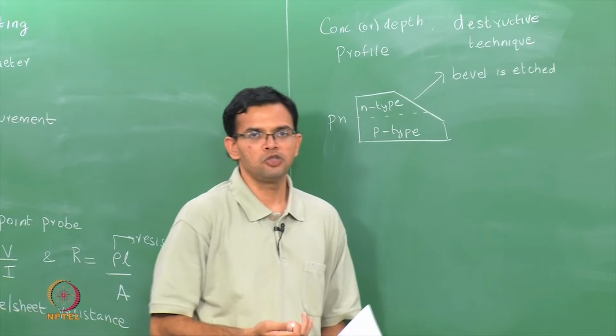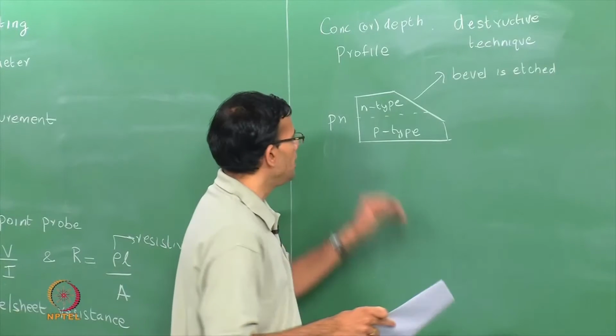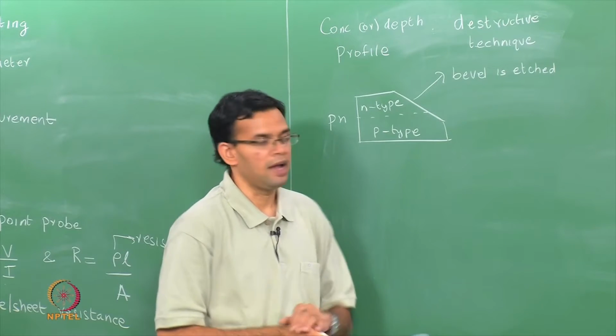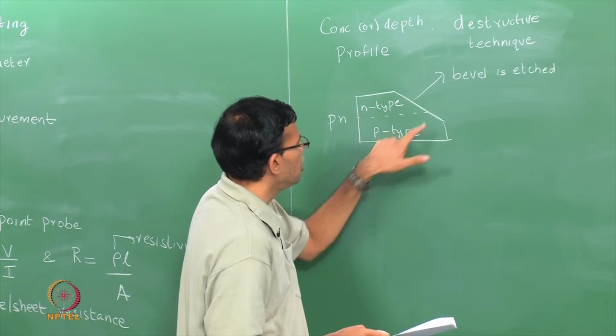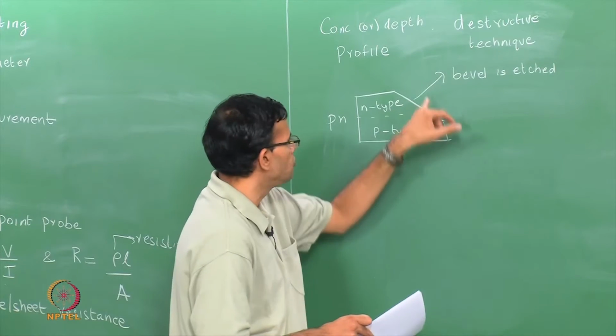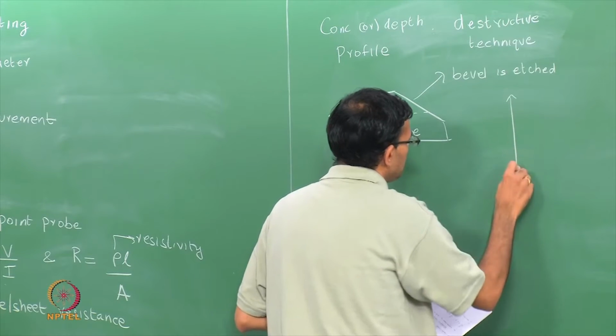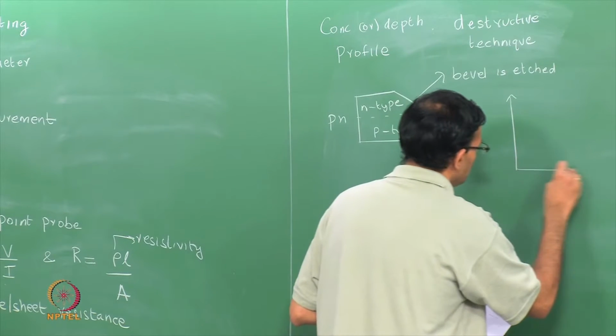This is again usually done by using lithography in order to expose a certain portion of the wafer, which is then etched through, and then measuring the resistance as a function of length along the bevel. So, as you move along the bevel length, you are also moving down in thickness. So, you can measure the resistance and relate that to the concentration.